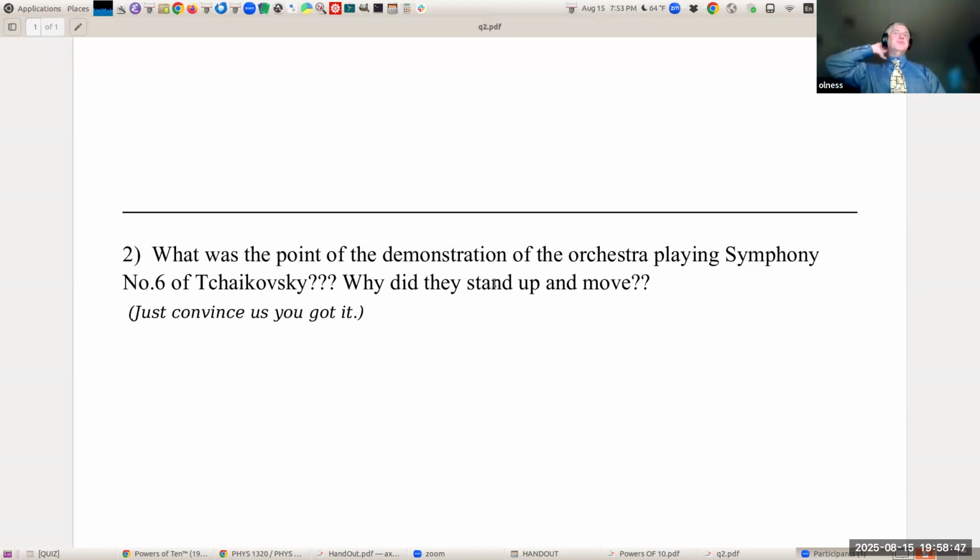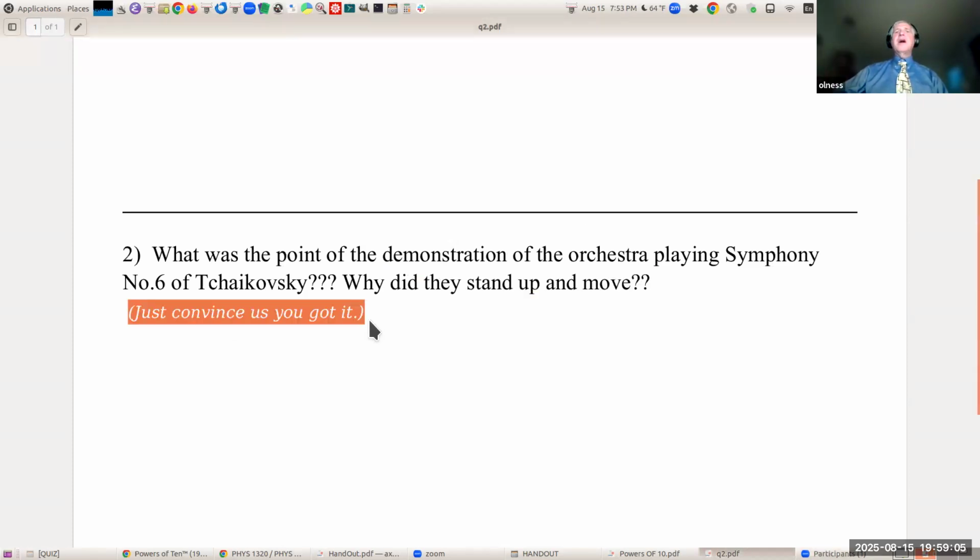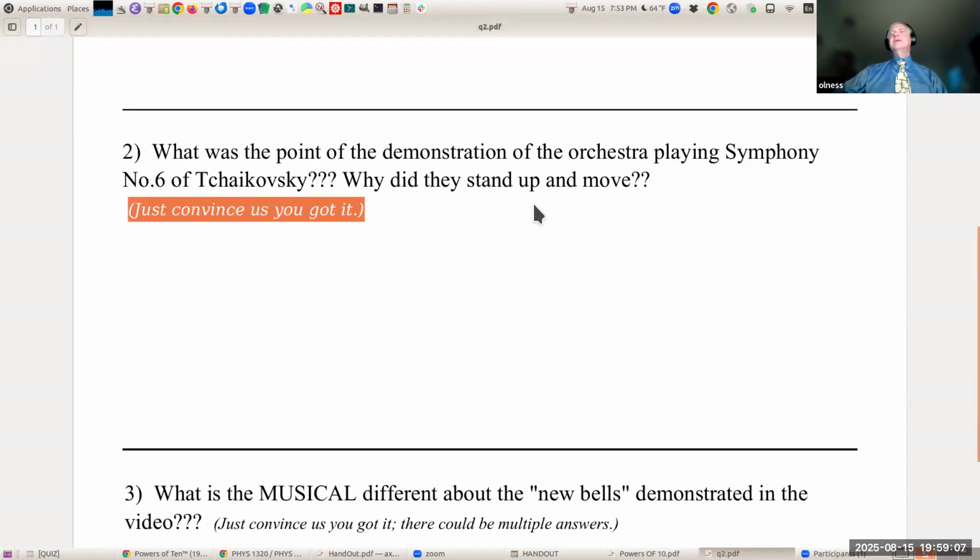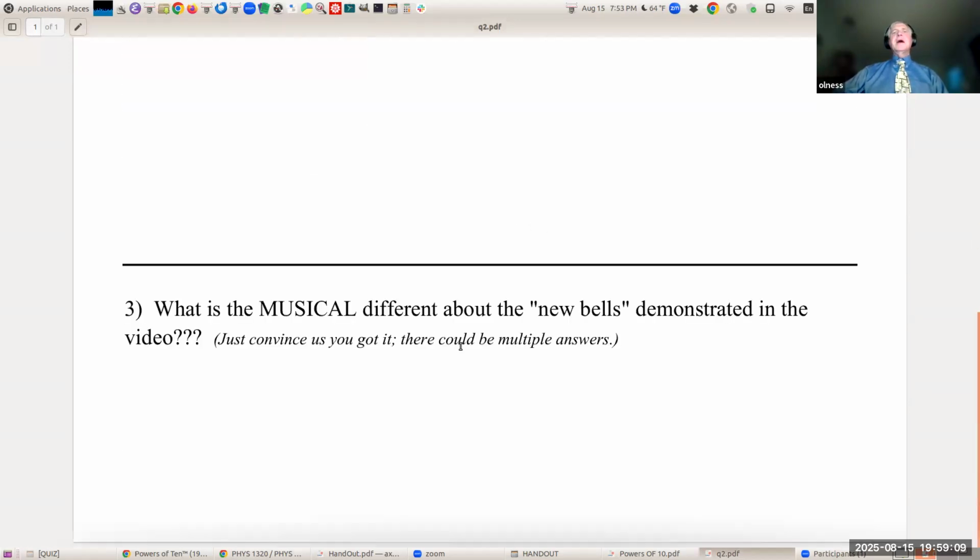That's what they were trying to demonstrate, and it's a neat trick. As we said, that gets into the psychoacoustics of how your brain processes instruments. Dana Doge also demonstrated that with the headphones in the video. So again, we did not want a novel. If you got that basic idea, that's what we were looking for.